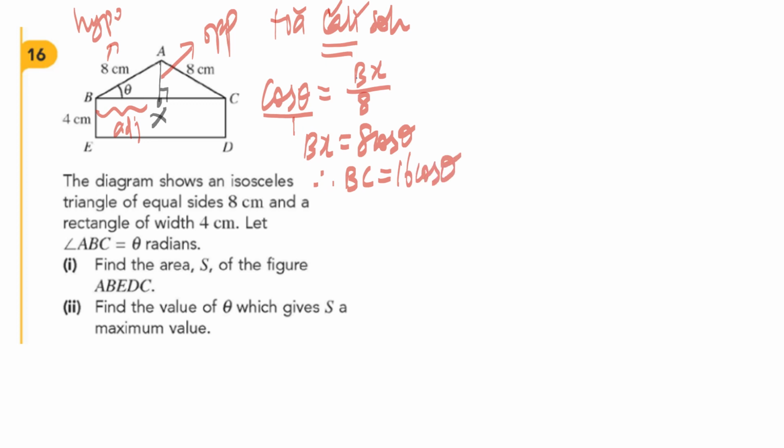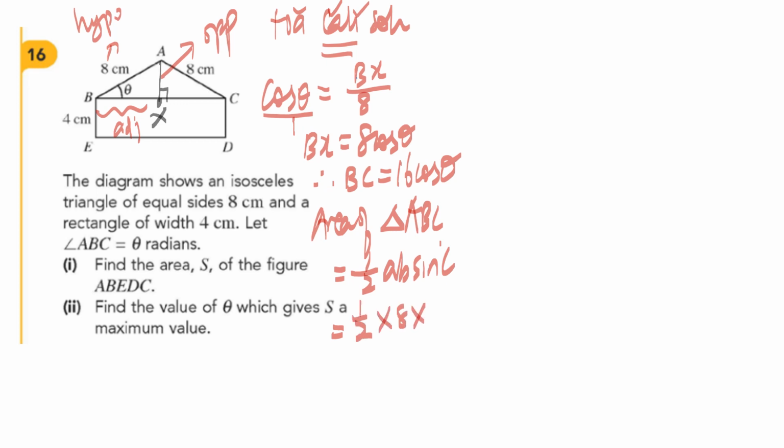Okay, so if you have BC equals 16 cosine theta, we can find the area of triangle ABC using the formula half AB sine C, which you learned in your elementary trigo. So the A, you can let be 8 cm, B is the length BC, which you found to be 16 cosine theta, and the angle is theta, so sine theta.